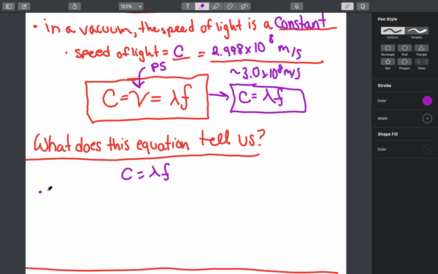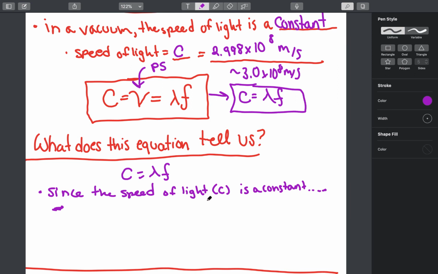And this is going to be very important later on. So from this equation, since the speed of light, or c, is a constant, we can make these predictions.